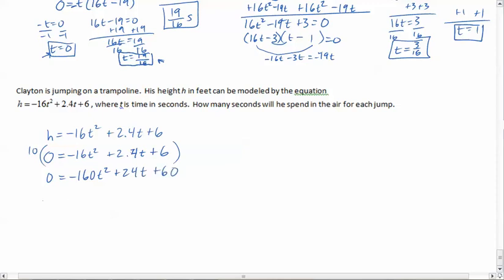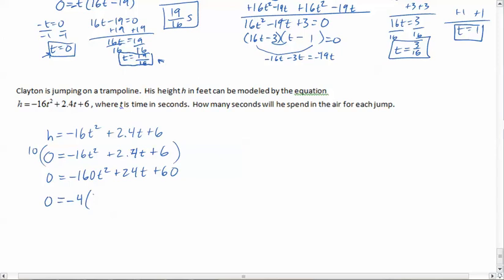And then at this point, I can look for a common factor and try to pull out a common factor. I see that 2 definitely goes into everything. Does 3? Well, 3 goes into 60, it goes into 24, doesn't go into 160. So definitely the 2 will work. 4, looks like 4 will work as well. So maybe let me factor out a 4. So let's go 0 equals, and I'm going to factor out a negative 4 just because I don't like the negative in front.